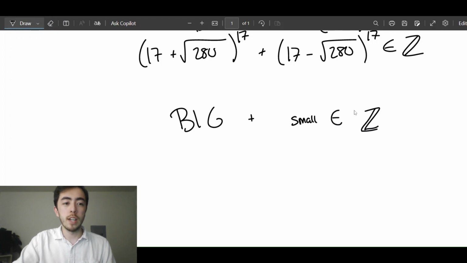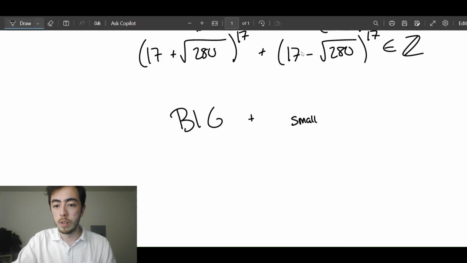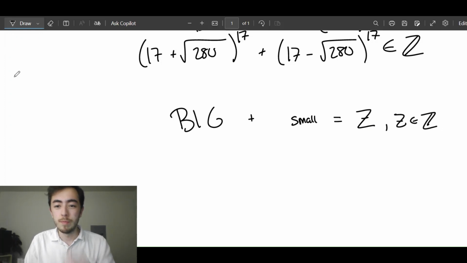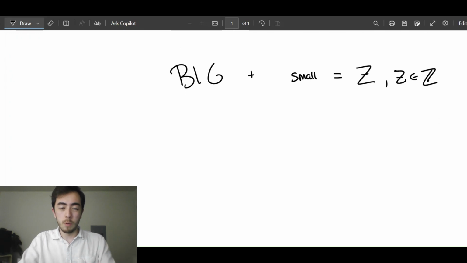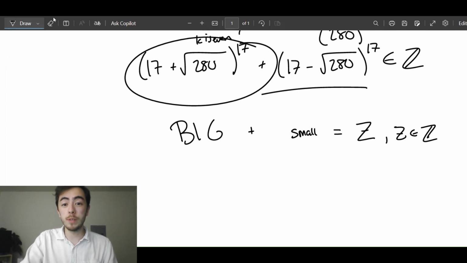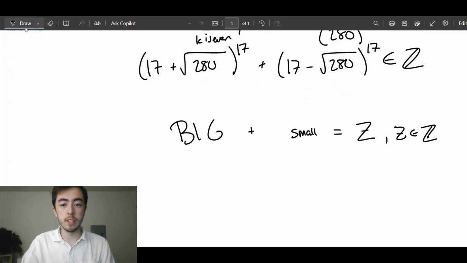And you know what? I think I actually want to do some math on this integer. So I will say it's equal to, let's just say z, for some integer z. I know it's usually used for complex numbers. Sorry. But here's where we're finally going to find our solution. This massively big number plus this teeny tiny number super close to 0 is proved to be an integer.